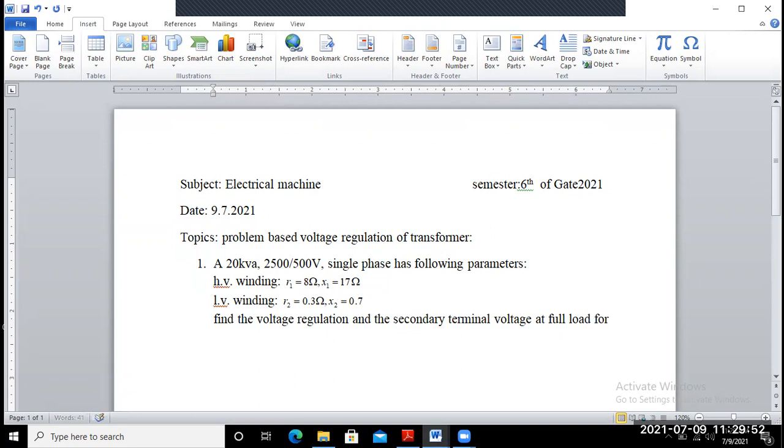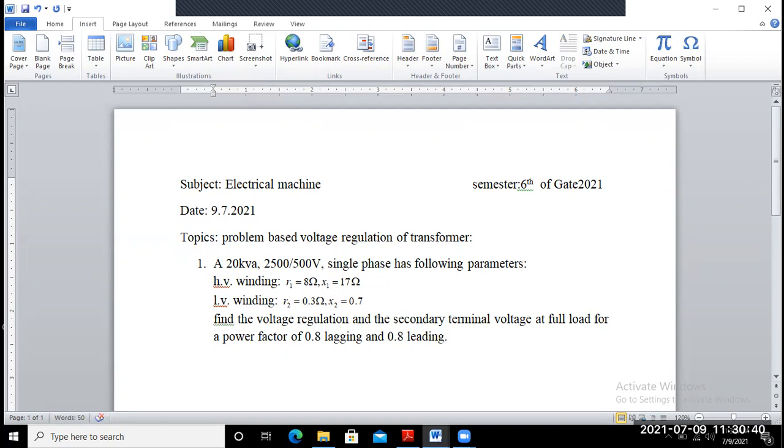Okay, so for a power factor of 0.8 lagging and 0.8 leading.